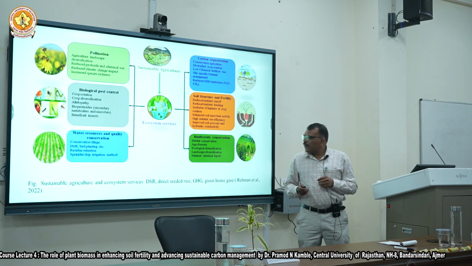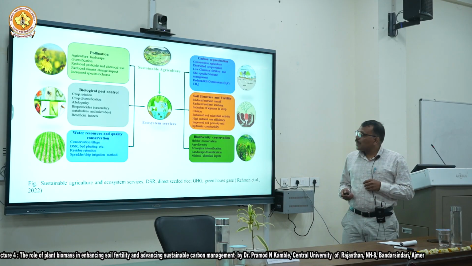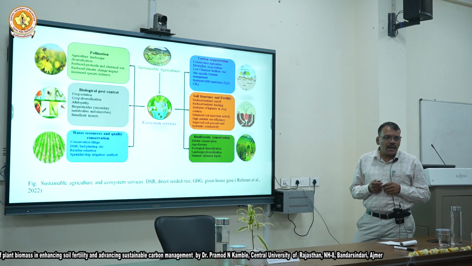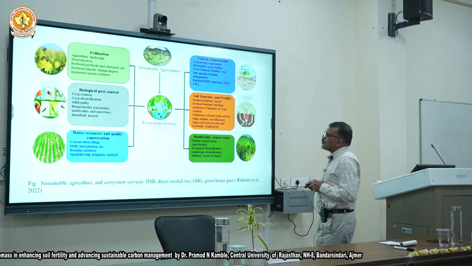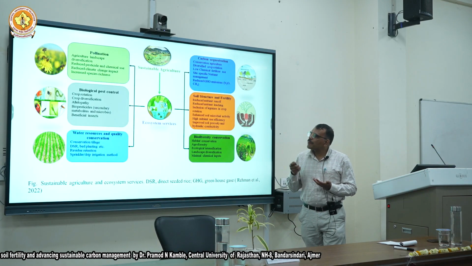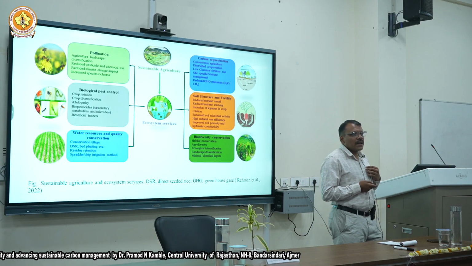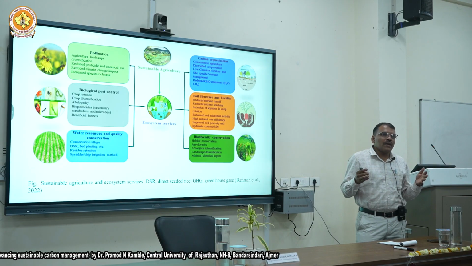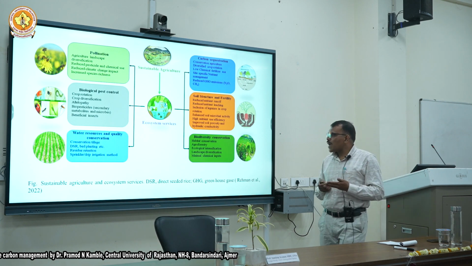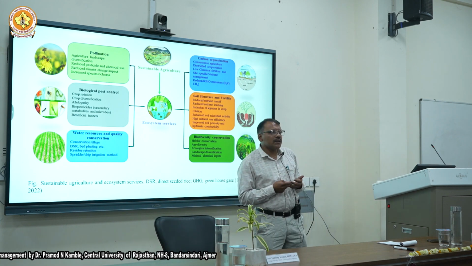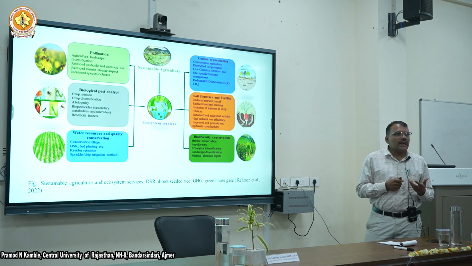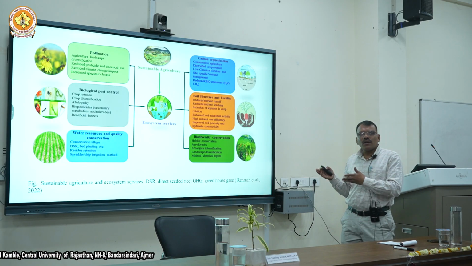These are some of the benefits that we receive through sustainable agricultural practices: pollination, biological pest control, crop rotation, crop diversification, allelopathy, biopesticides, and beneficial insects. Many people are producing biopesticides and biofertilizers, and they are available in the market, but they are totally using the ecological processes that happen in the ecosystem.